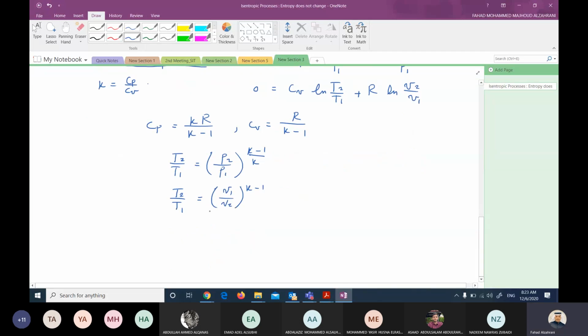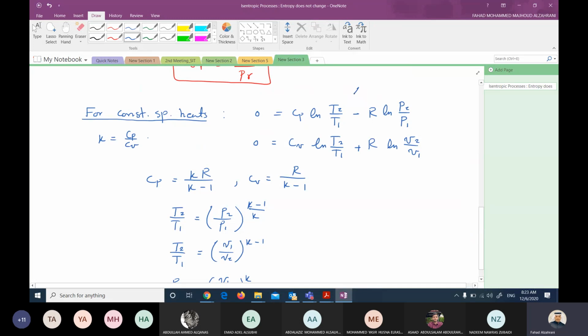Anyway, and this you can also derive it, shabab. So for isentropic process, we derive this how? From this equation here, if you solve for this here and this, you can find these relations. Okay, so you can use these equations to derive these here.